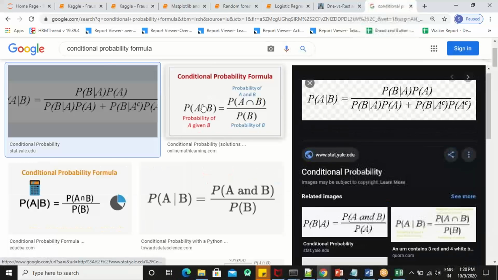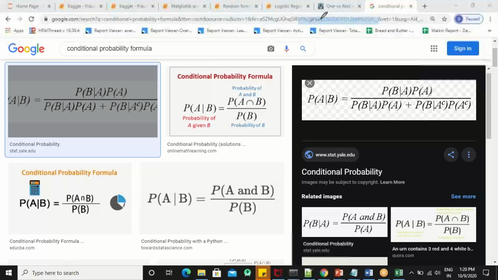But if you see here, guys, these are conditional probabilities, like probability of A given B. It means the probability of a mail being spam, provided it contains a particular word or a set of words, is probability of A intersection B upon probability of B. This is one of the representations. Probability of A intersection B, guys, means probability of both of these things occurring together, in which cases both of these happen together simultaneously.